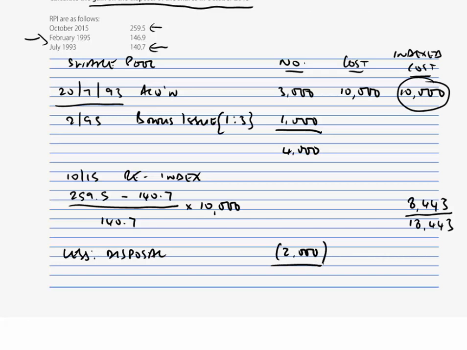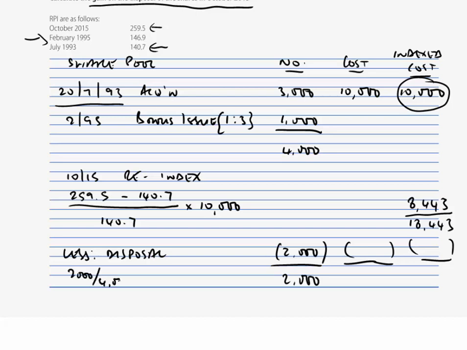We're selling 2,000 out of 4,000. It will leave 2,000 shares in that pool. With those 2,000 shares, we take the relevant fraction, of course, of both the cost of 10,000 and the index cost of 18,443.